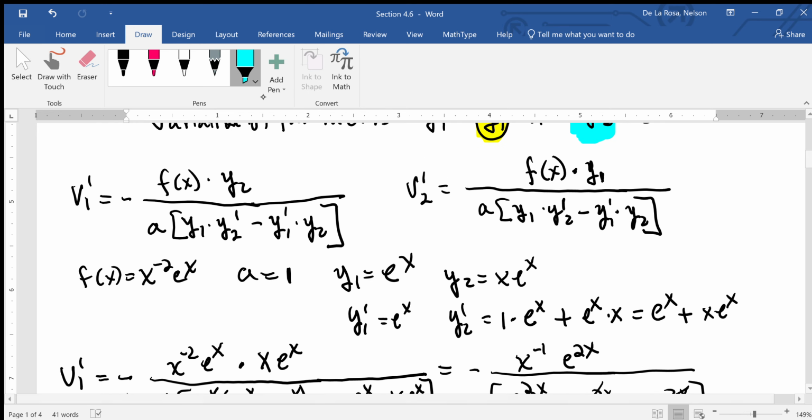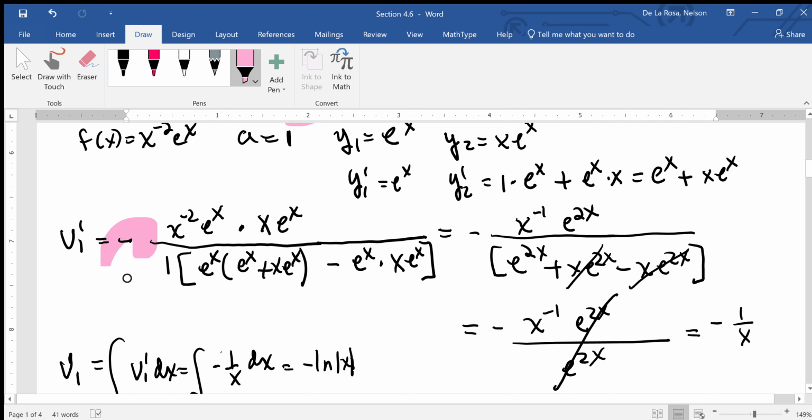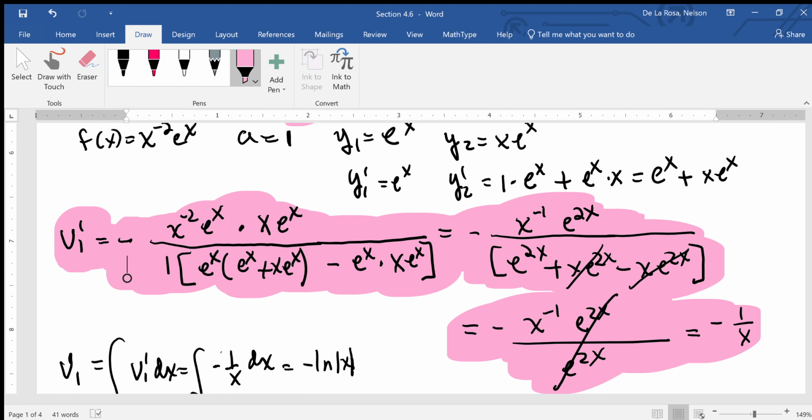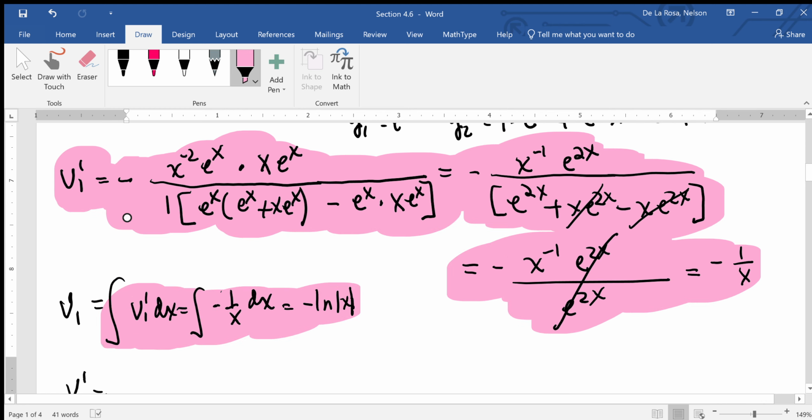All this was for v1 prime, and once we found v1 prime and applied integration, we were able to find v1.